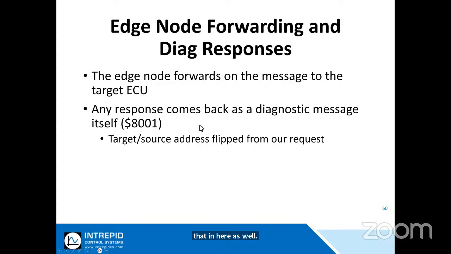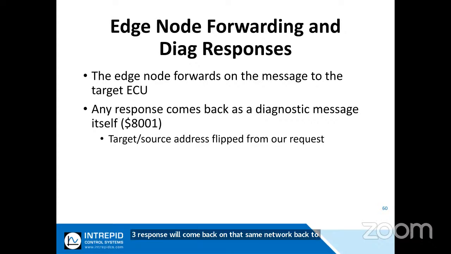Once you get that positive acknowledgement back, it gets forwarded from the edge node to the ECU. So the ECU simply receives its requests, whether it's Ethernet, CAN, LIN, FlexRay, doesn't matter. The response will come back on that same network back to the edge node.